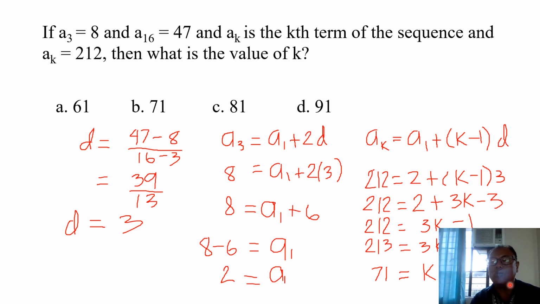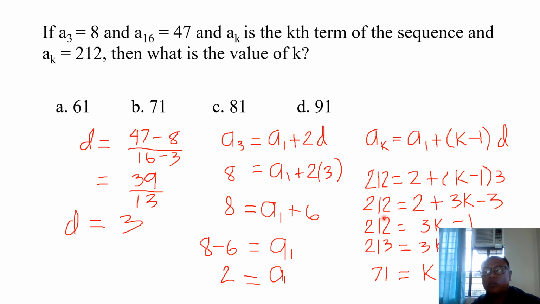So that is A sub k is equivalent to the first term plus k minus 1 multiplied by d. We simply replaced n by k because what is being asked is we are going to find the value of k. And that is ak is 212, and then our first term is 2, and we are looking for k, so you simply copy that one multiplied by our common difference that we got a while back, that is 3, and then we're going to distribute this one.